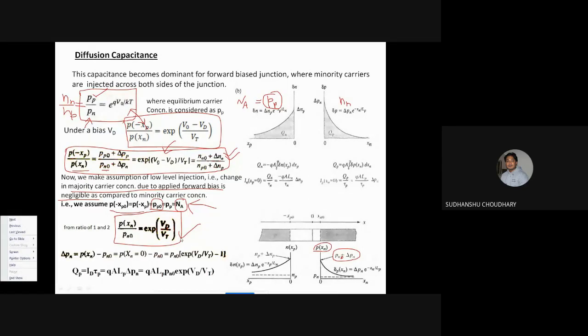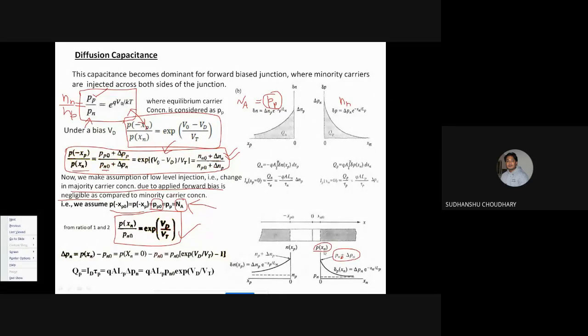Now in this relation, we can write Pxn as Pn0 multiplied by e to the power Vd by Vt. So Pxn is Pn0 e to the power Vd by Vt. And this Pxn can be found from here. In fact, one can find out delta Pn, that is excess minority carrier in n-type region.